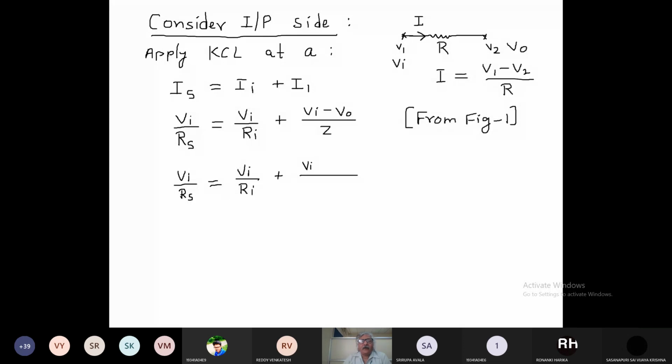So in the bracket you will get 1 minus V0 by Vi, divided by Z.